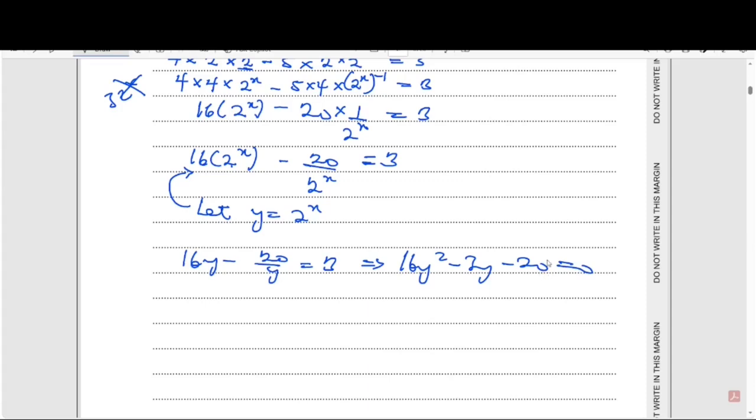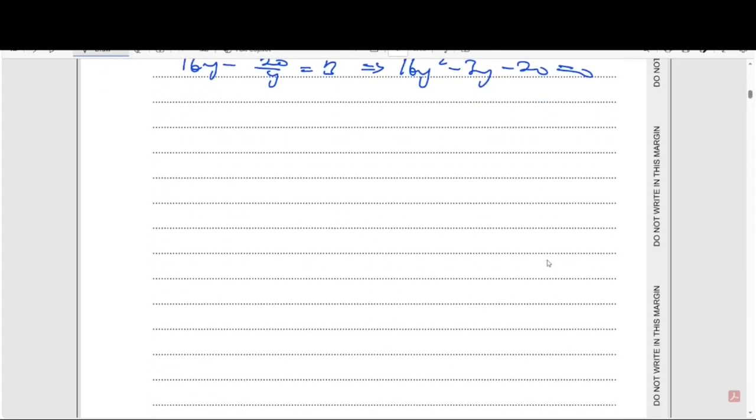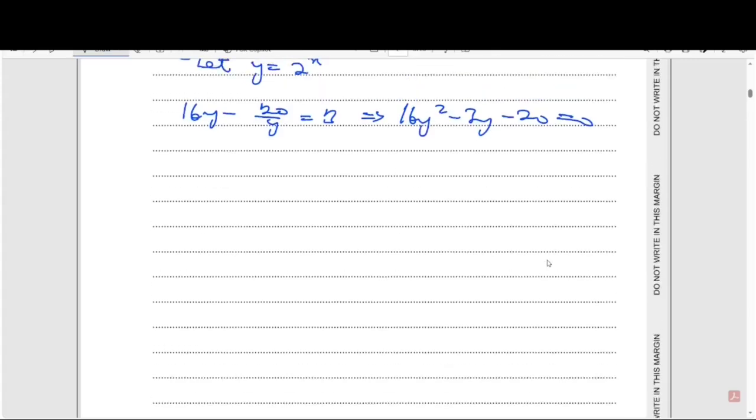So that becomes a quadratic equation, and we need to solve this by any method of solving quadratic equations. I'm going to use the quadratic formula. So here we have y is equal to, our a is equal to 16, our b is equal to negative 3, and c is equal to negative 20. We substitute into the quadratic formula: negative b plus or minus the square root of b squared minus 4ac, all over 2a.